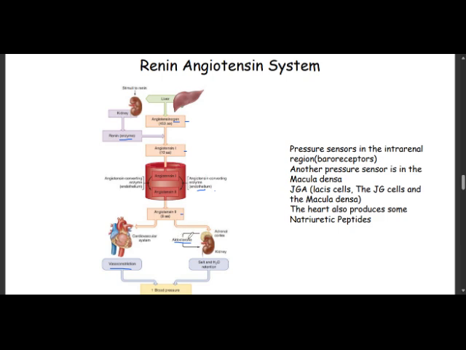Of the mineralocorticoids, the most potent one is aldosterone, and aldosterone is going to cause the reabsorption of salt, or sodium, from the kidneys.